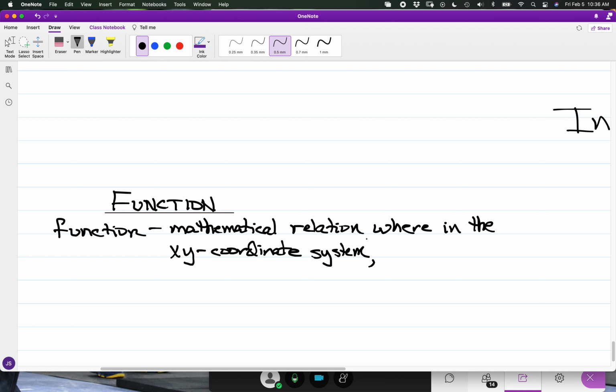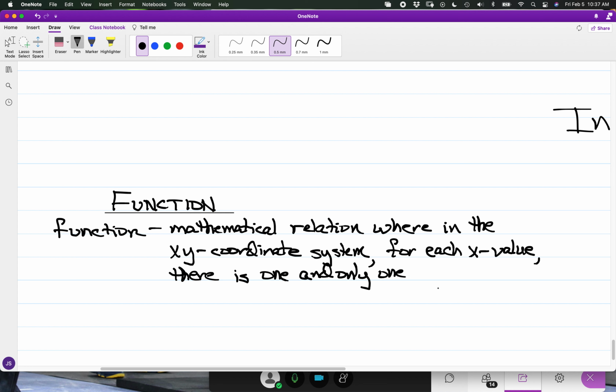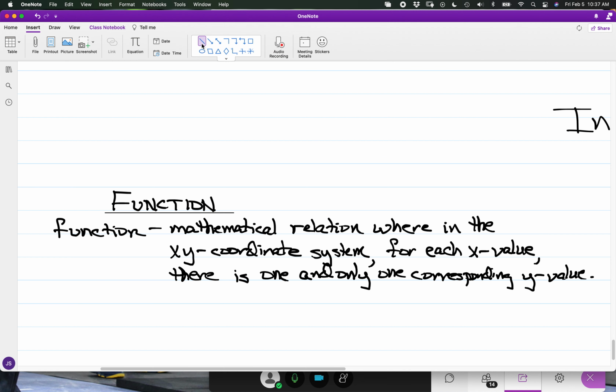We have that for each x value, there's going to be one and only one corresponding y value. And I'll put emphasis on this: one and only one.